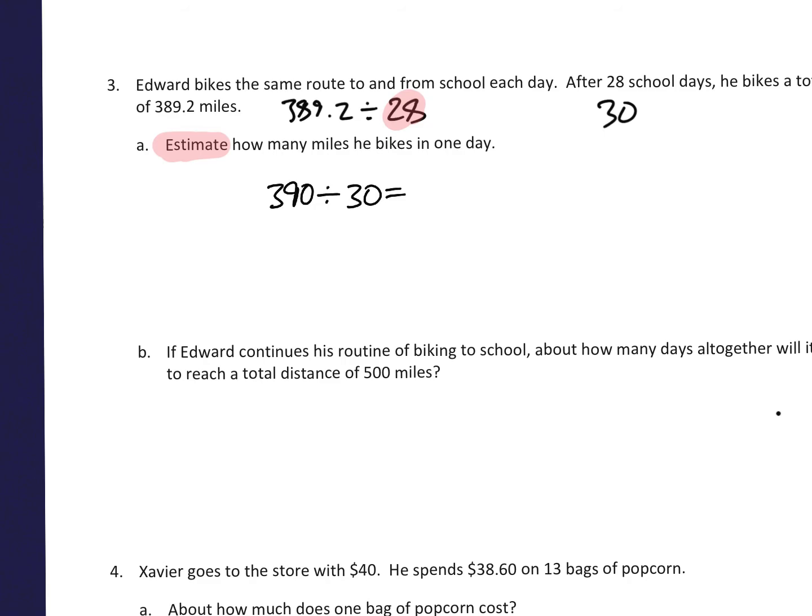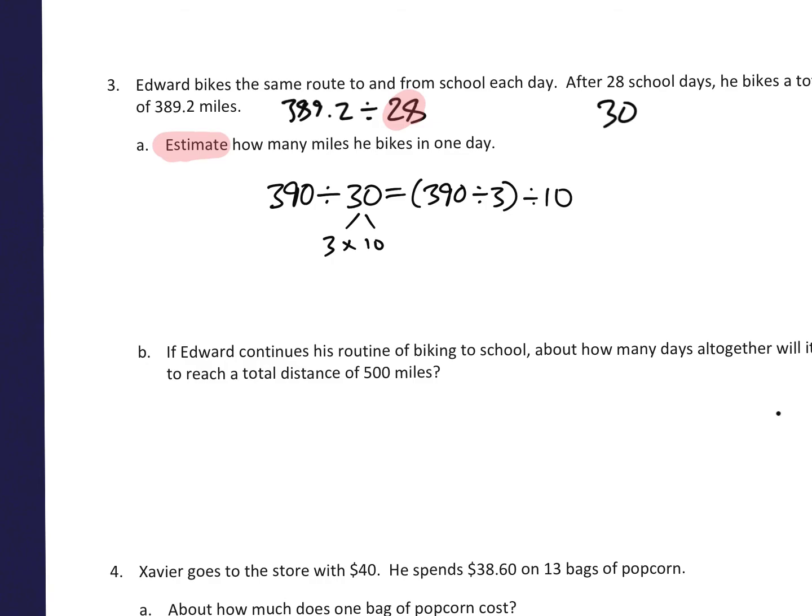And then I could do this a couple different ways. I could break this apart and do 390 divided by 30 is the same thing as 390 divided by 3 divided by 10. So I got that. It's 3 times 10. So I put my 3 there, divided by my 10 there. I'm splitting that 30 up into easier chunks to divide with.